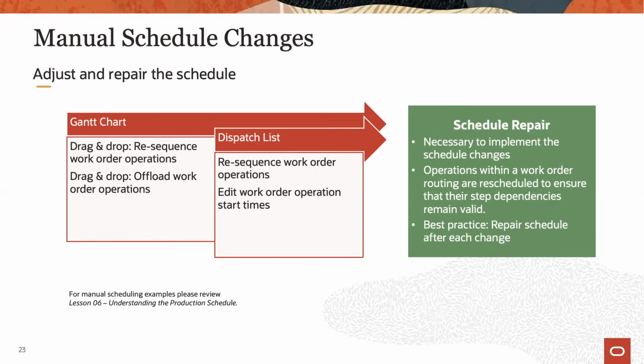In addition, the repair will ensure that the step dependencies within a work order routing are respected. Note that editing down calendar events in the Gantt chart and using the need by override in the dispatch list are other possible changes. Those, though, require a solve, not a repair.